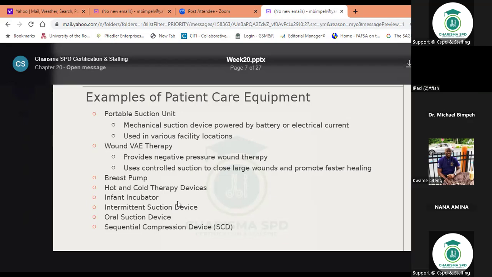The wound VAC, trapping out. There are so many things when it comes to the wound care. In fact, depending on the hospital, again, you may see them or you may not see them. Sometimes the PCAs are tasked to clean those things or disinfect them in their soiled rooms.